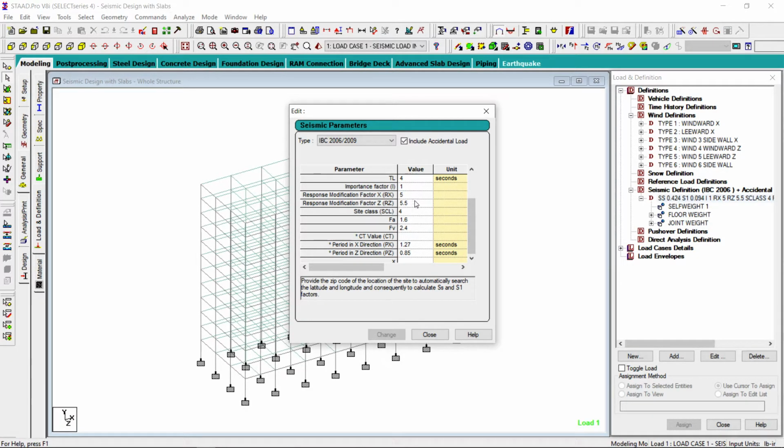At this stage I will try to highlight one thing. If you can see, I am not providing the values of CT and X, so that STAAD will not calculate the time period, it will use the time periods which are defined by me. So if the user has defined the time period, then it calculates the correct value of CS. I'll show you how.